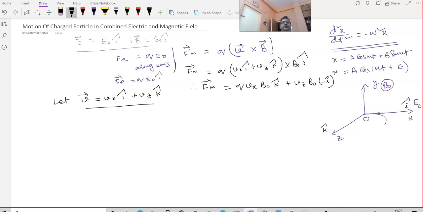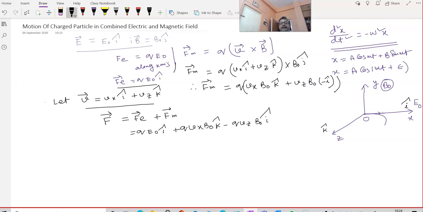Okay, so you got magnetic Lorentz force, you got electric Lorentz force. Let us compare with the net force by writing F equal to Fe plus Fm. This will give us Q E0 I cap, Q Vx B0 K cap minus Q Vz B0 I cap.